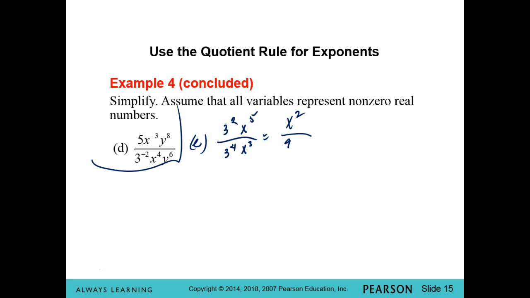Let's try to do their F here. Their F is m plus n to the minus 2 power divided by m plus n to the minus 4th power.